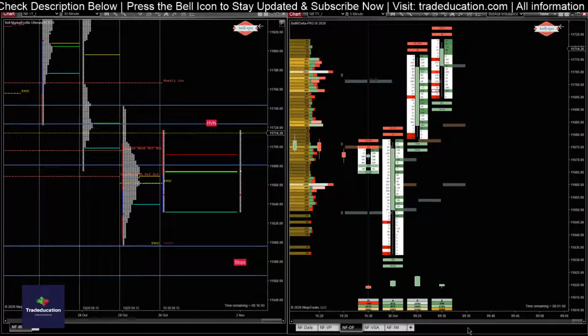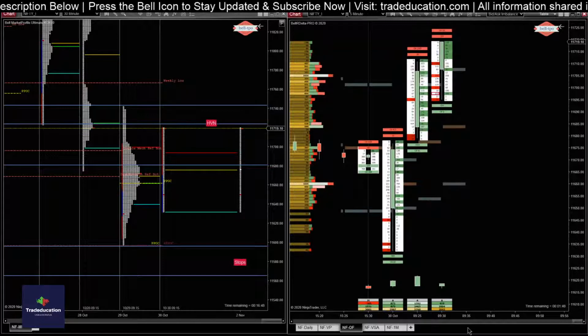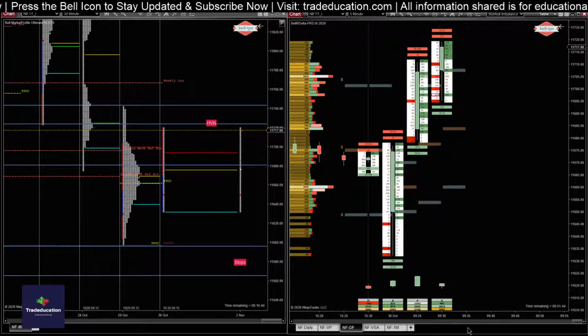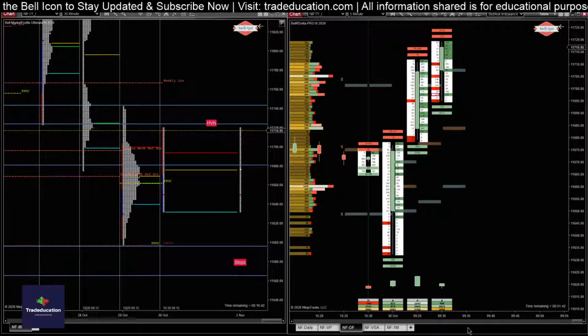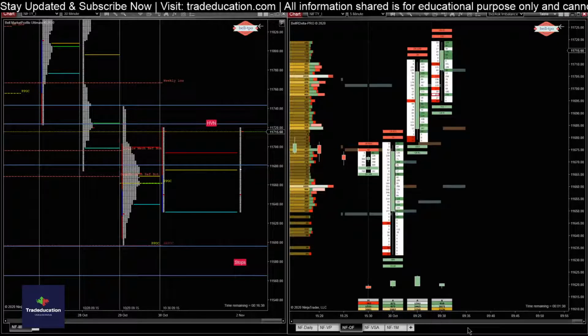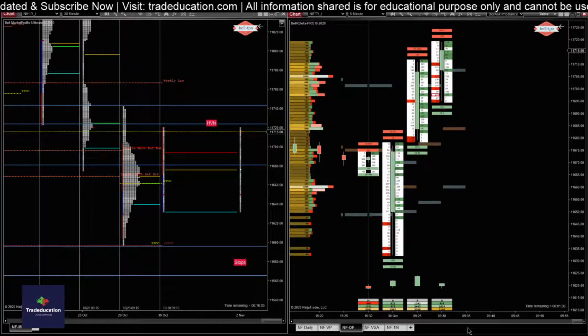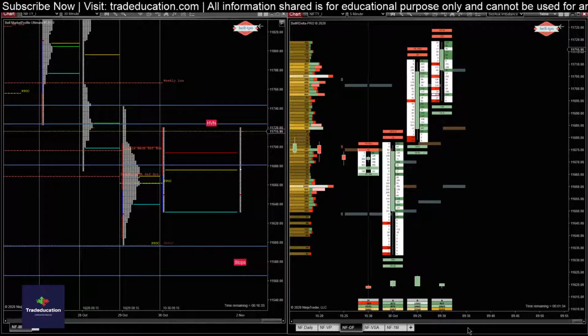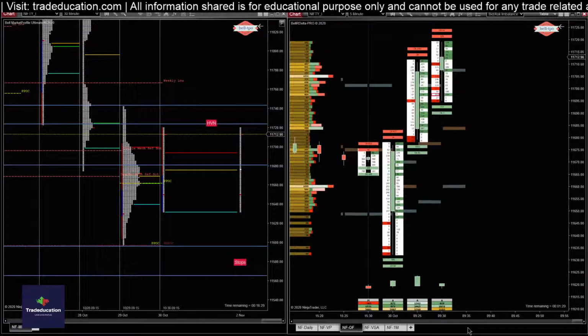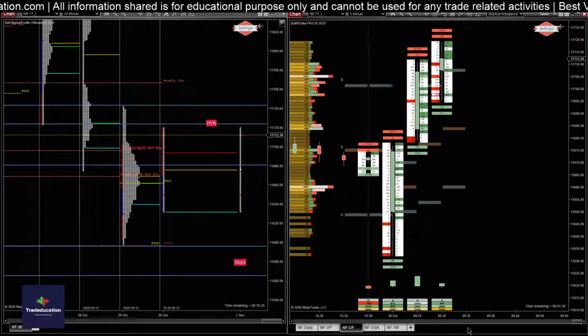Good momentum, buyers stepping in, volumes are increasing. So the sellers are throwing in the towel. Absorption of supply going on.